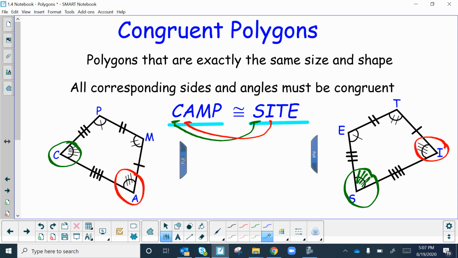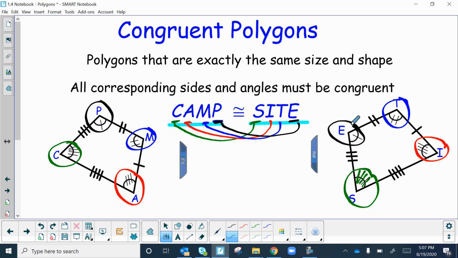And then M corresponds to T. And lastly, P with E. P has to correspond with E, and obviously it would be the last one. You'll also notice that these segments are congruent. CA would be congruent to SI because those are the first two. So everything corresponds perfectly when we're talking about congruent polygons.